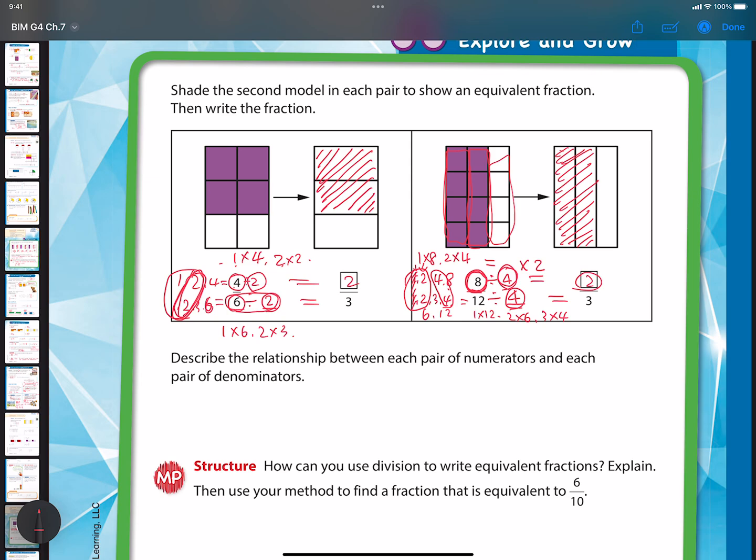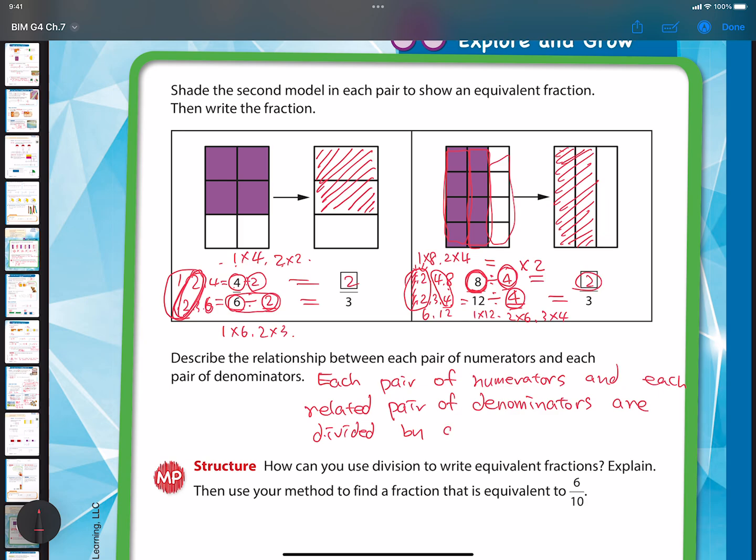So I'm going to write down in here: each pair of numerators and each related pair of denominators are divided by a common factor.